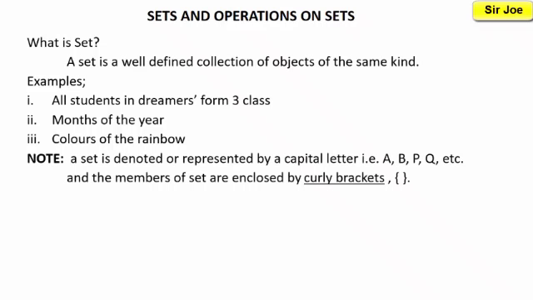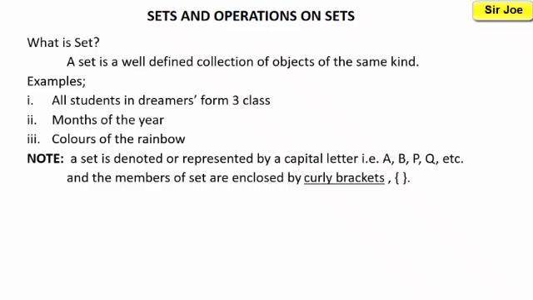There is something we are supposed to note very well when it comes to sets. A set is denoted or represented by capital letters. That is capital letter A, capital letter B, P, capital letter Q, etc. You can use any capital letter to represent a set.